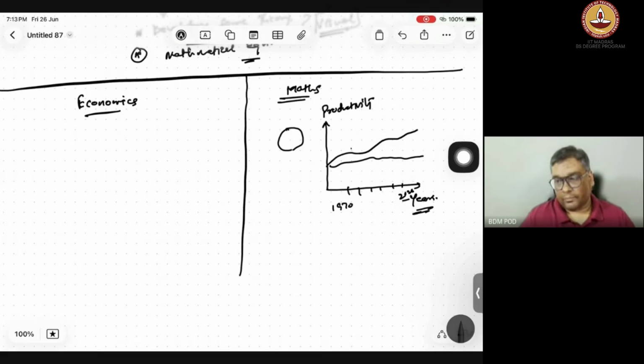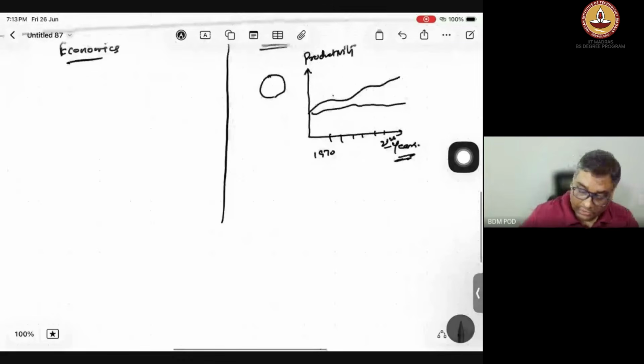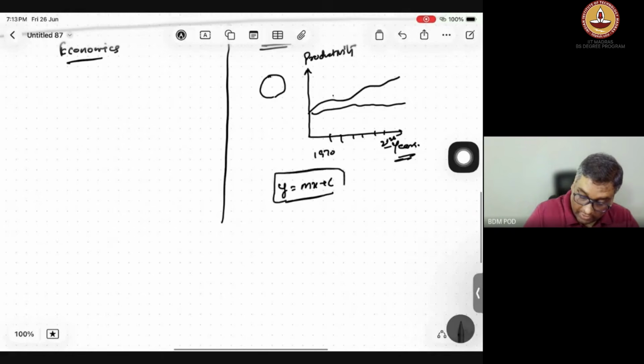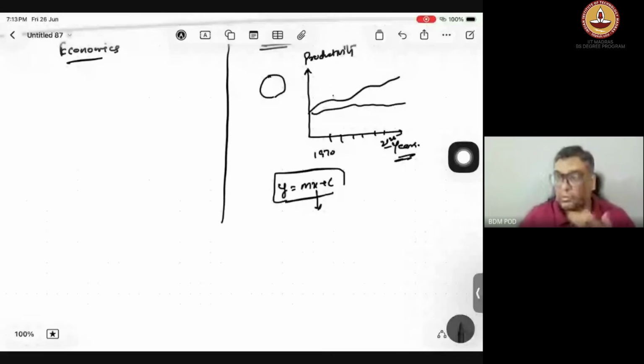Okay. So here, if you can see, these mathematical plots are plotted with respect to one single variable, that is a single dependent variable. Here you can see the productivity. Suppose you take an equation y equals mx plus c. Okay. So what exactly are your inputs? You are giving the values of x to obtain y. Whatever you input is called an independent variable.